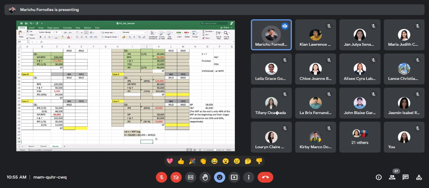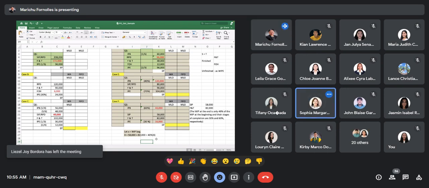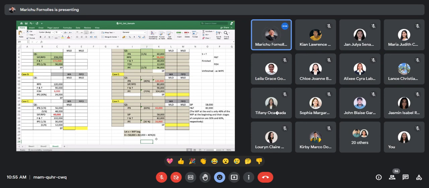Or how many units is your X? 40,000, Miss. Correct. 40,000 units is the IPB, which is our X.